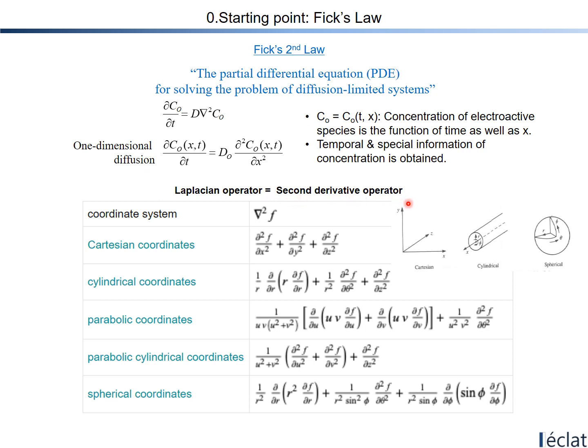For example, for Cartesian coordinate systems, the Laplacian operator of the scalar function f is the second derivative of function f with respect to x and y and z.